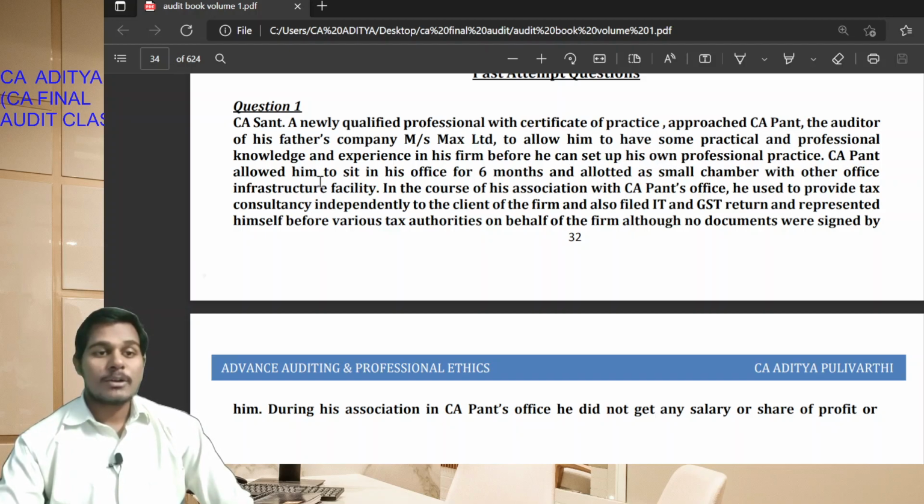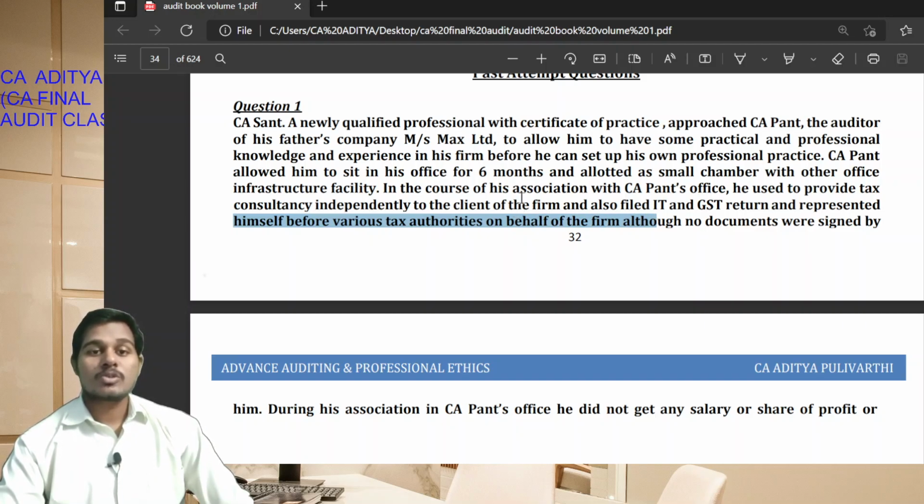CA Pant allowed him to sit in his office for 6 months and allowed him a small chamber with other office infrastructure facilities. In the course of his association with CA Pant's office, he used to provide tax consultancy independently to the clients of the firm, and also file IT returns and GST returns and, this is what is important, represent himself before various tax authorities on behalf of the firm.